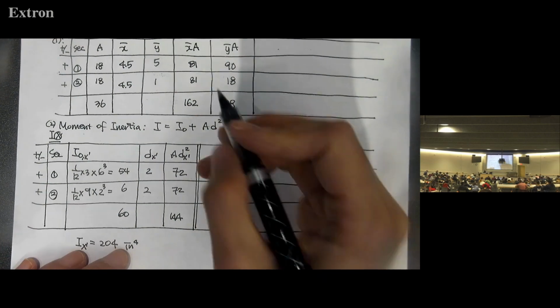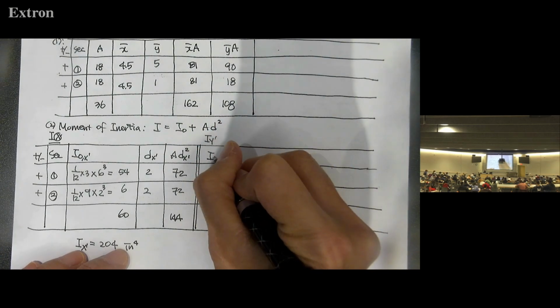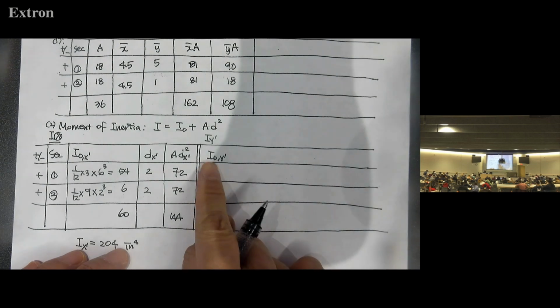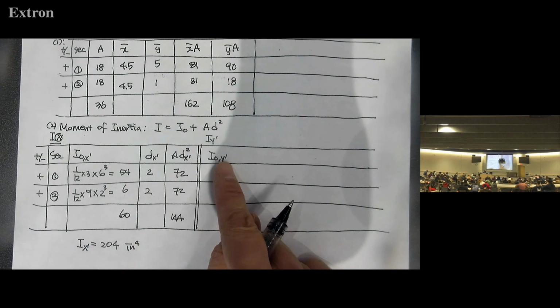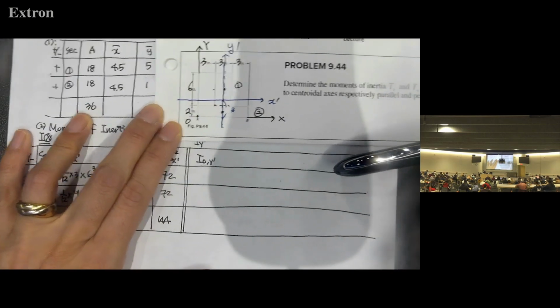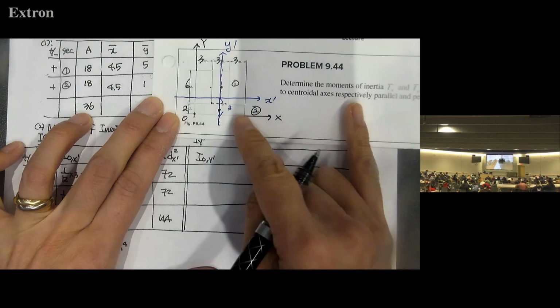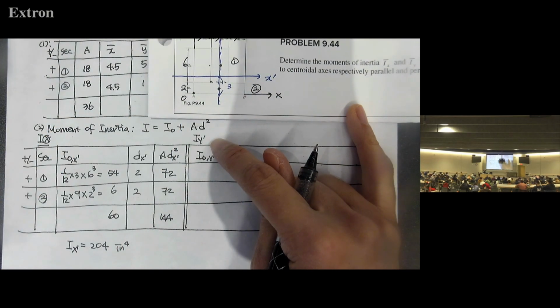Okay, then move on to Iy prime. First thing, calculate I0 about y prime. To show you this one, we are rotating this axis 90 degrees, so x to y. So the moment of inertia equation is just switching b and h.